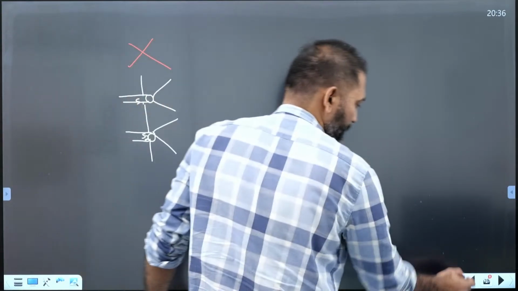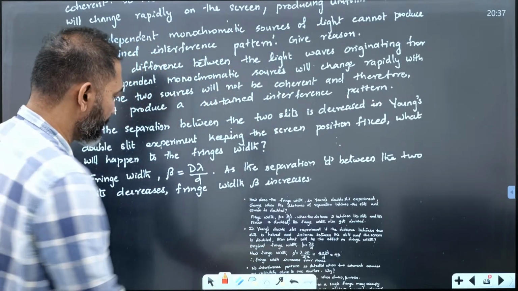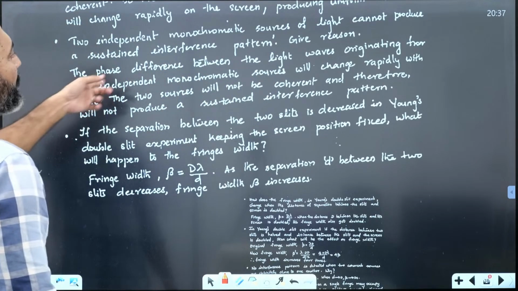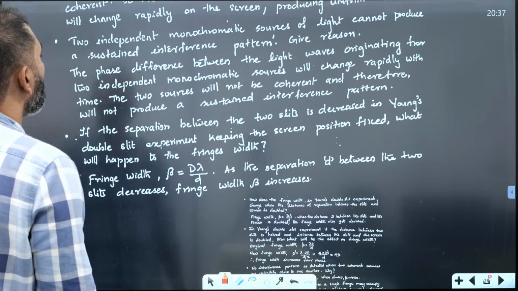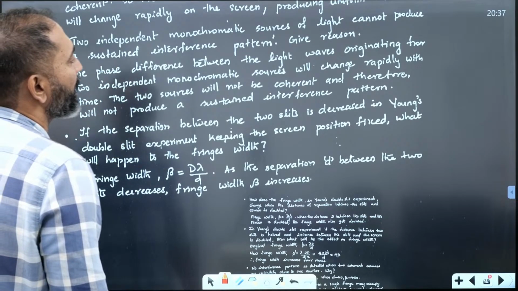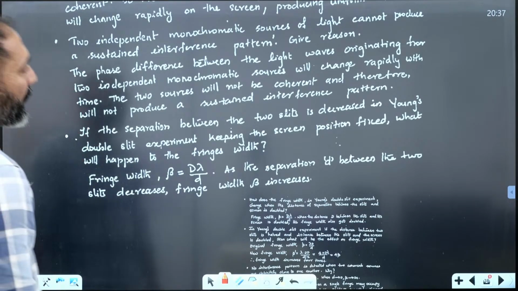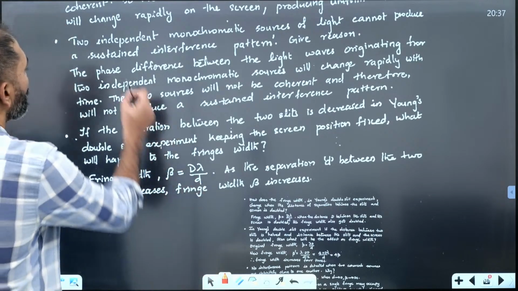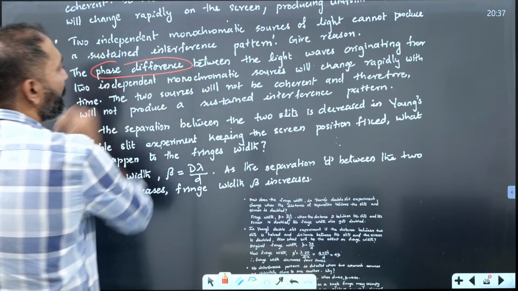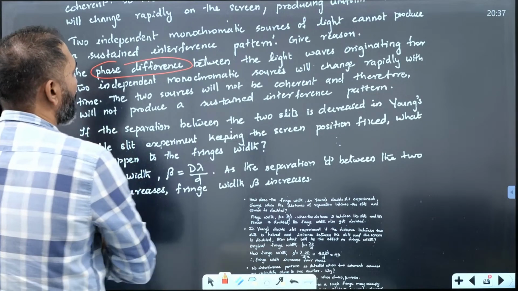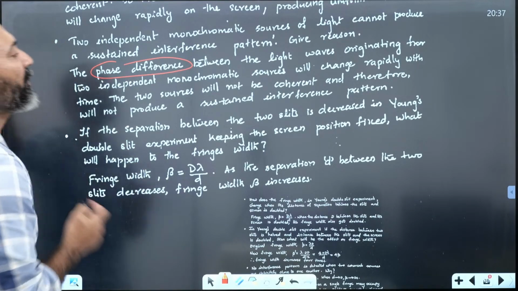Yeah, I think Navneet has written the answer correctly. See, the phase difference between the light waves originating from two independent monochromatic sources will change rapidly with time. So the two sources will not be coherent.